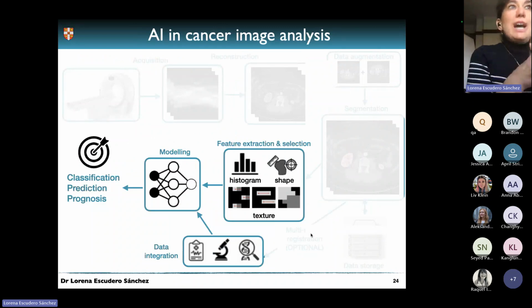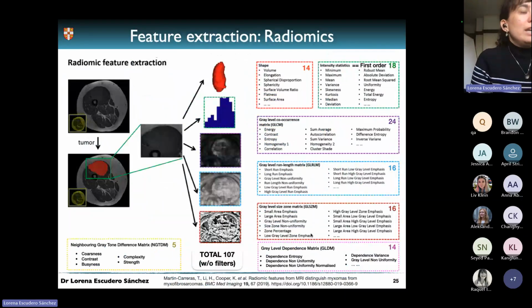Now, once we have our segmentation, we can extract some features and we can do some modeling. I work on what is called radiomics, which is a very widespread set of features that you can extract from these tumors, and they cover different categories.